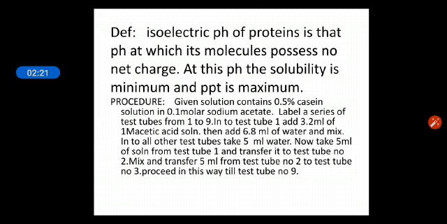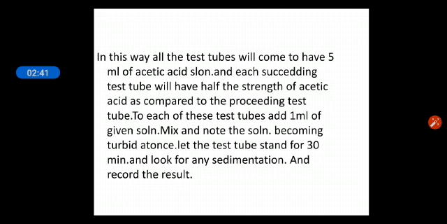Now take 5 ml of solution from test tube number 1 and transfer it to test tube number 2. Mix and transfer 5 ml from test tube number 2 to test tube number 3, proceeding in this way till test tube number 9.